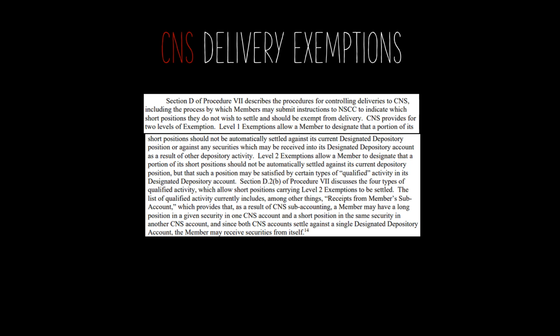Section D.2, paragraph B of Procedure VII discusses the 4 types of qualified activity, which allow short positions carrying level 2 exemptions to be settled.